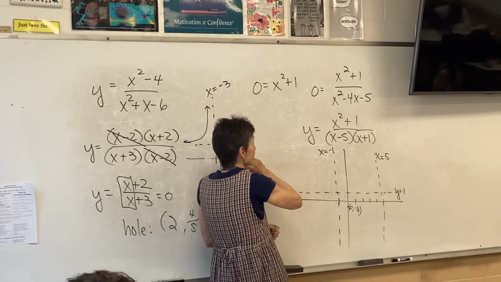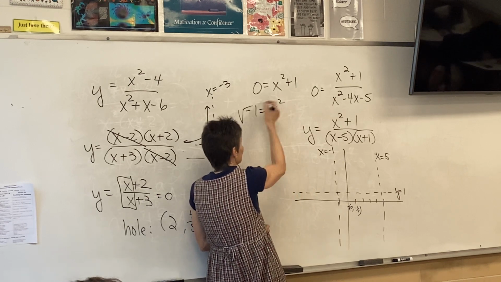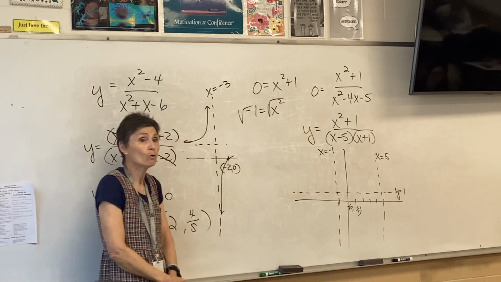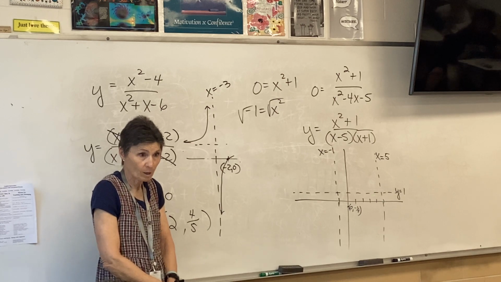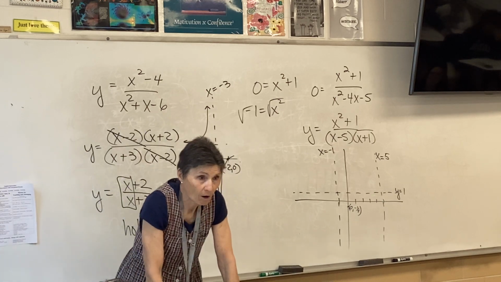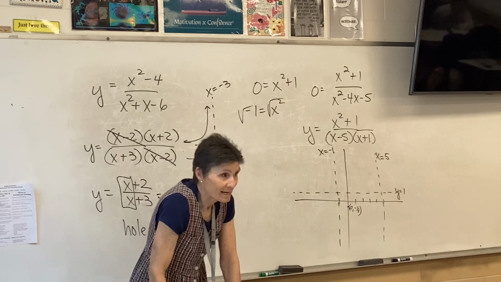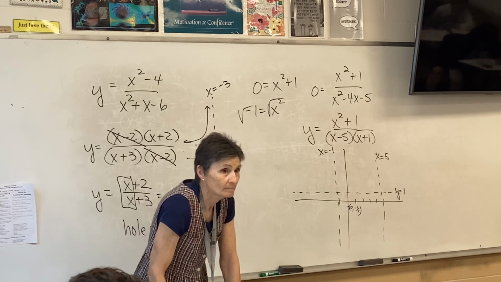And if you tried to solve that, what's going to happen? You're gonna get imaginary. So there are no real numbers that will make that fraction equal to 0, which means there are no x-intercepts, which means it's not gonna cross the x-axis anywhere.